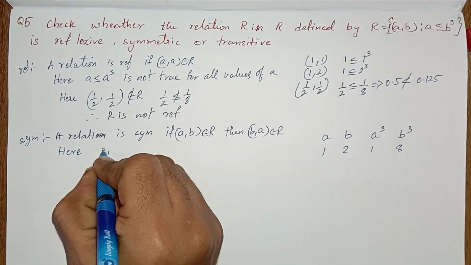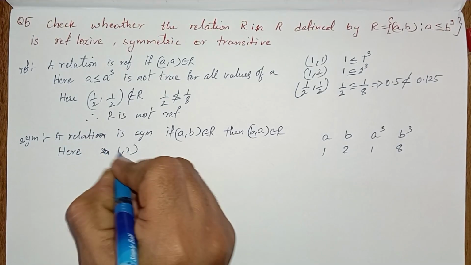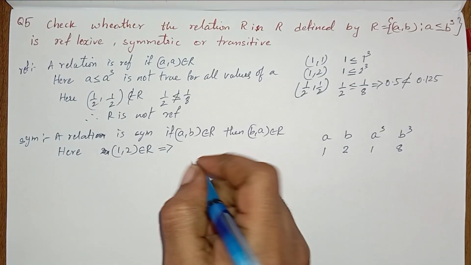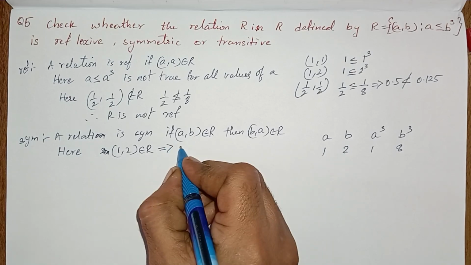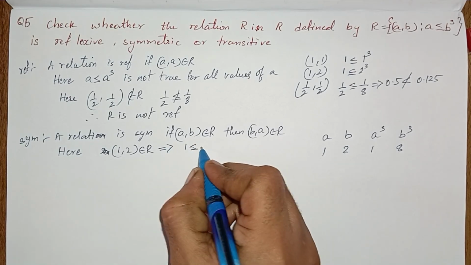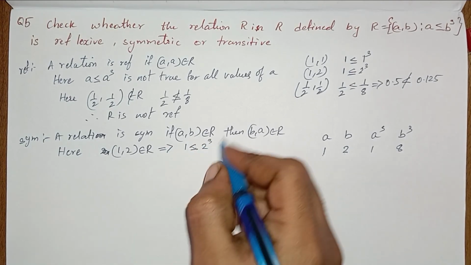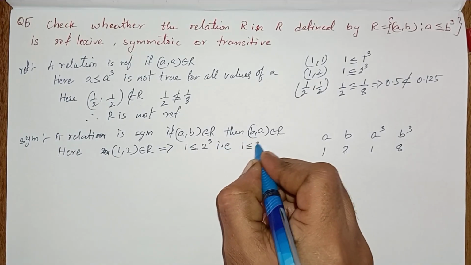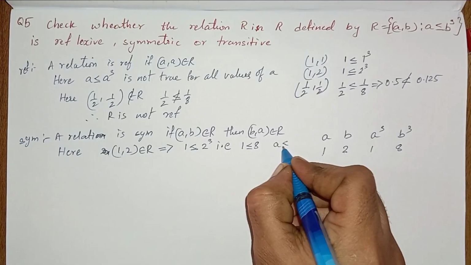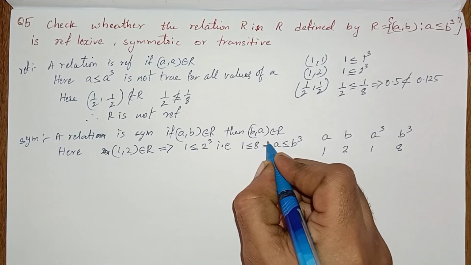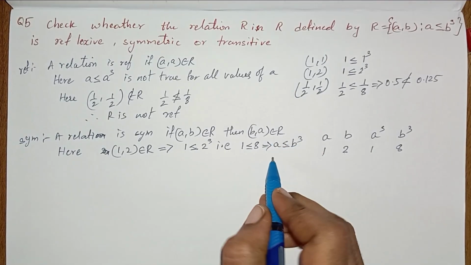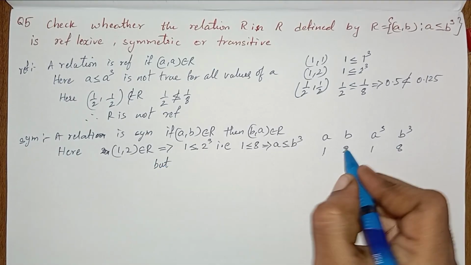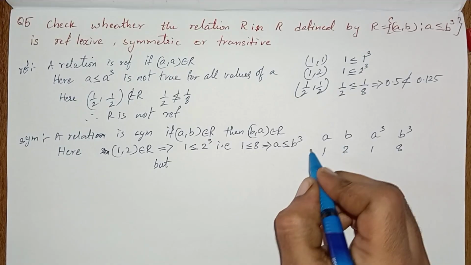So hence we write that (1, 2) belongs to R, that is 1 is less than or equal to 2 cubed, that is 1 is less than or equal to 8. Yes, it is true because 1 is always less than 8. So (1, 2) belongs to R. Now we have to check for (b, a), where b is 2 and a is 1.